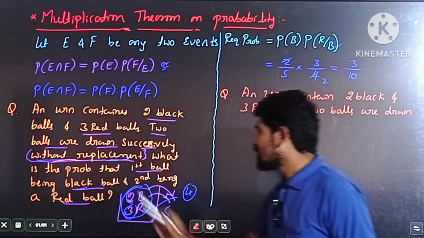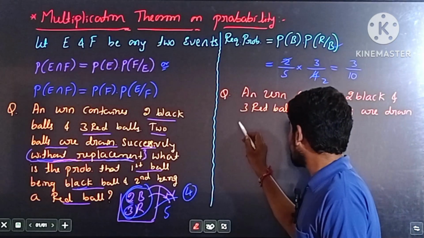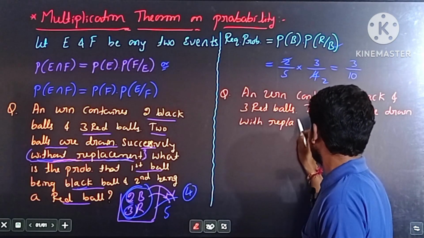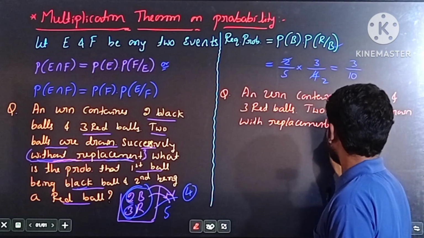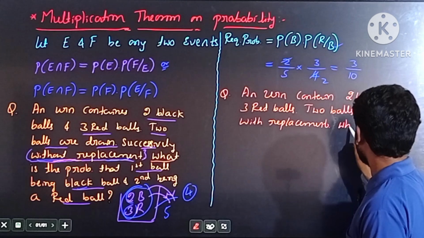Here the manner in the first question was without replacement, but in the second question, two balls are drawn with replacement.